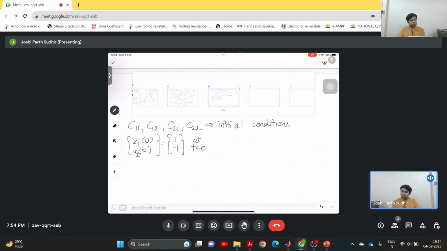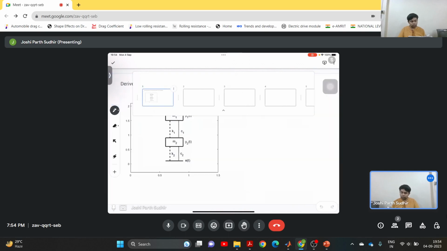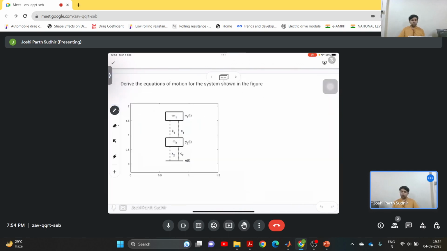So let us look at another example. So here we are similarly given two masses which are suspended through springs K1 and K2, and they are also connected together through dampers C1 and C2.